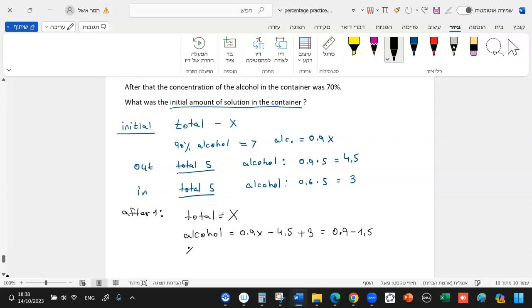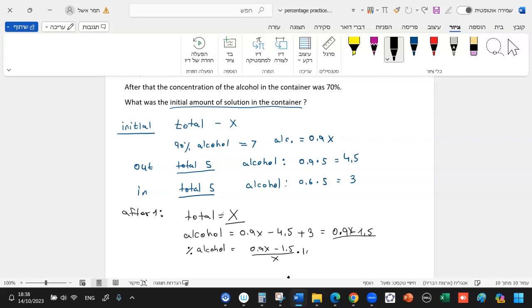Let's see what is the concentration of alcohol after the first step. This is the amount of alcohol over the total. So it's 0.9x minus 1.5 over the total, which is x.